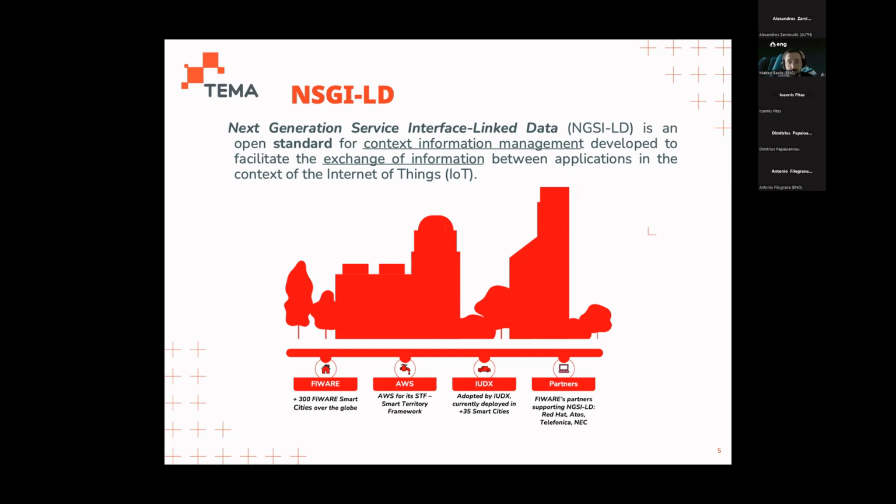But NGSI is used also by Amazon Web Services in a service called Smart Territory Framework. It is used also by UDIX in 35 smart cities, but also by other FIWARE partners, for example, Red Hat, Telefonica, and so on. So you know here that NGSI is very, very popular, especially in the world of smart cities.